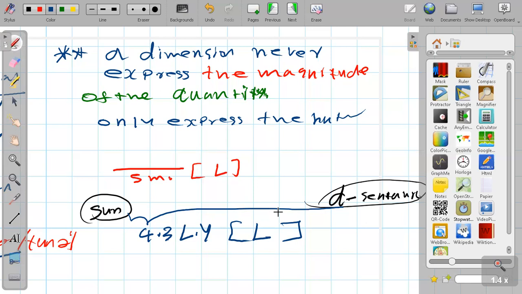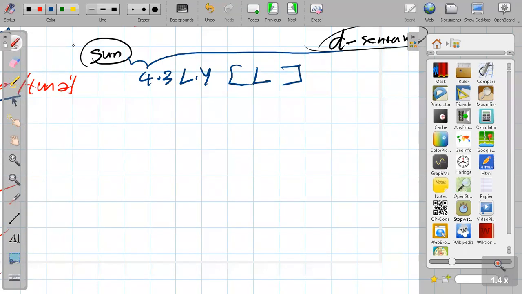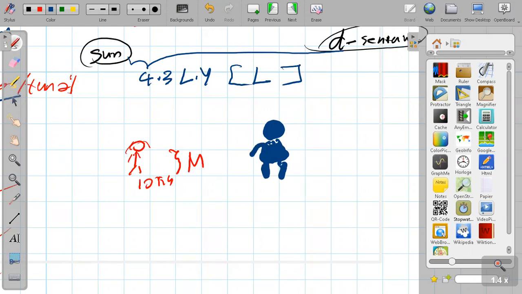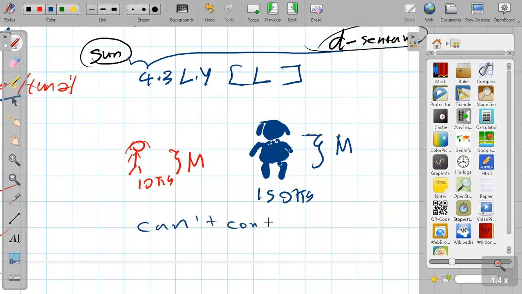And write this in a new line. Another example. A little girl who is like 10 kilogram, you denote it as capital M. Another huge lady who is like 150 kilogram, you still mention it as capital M. You can't compare.